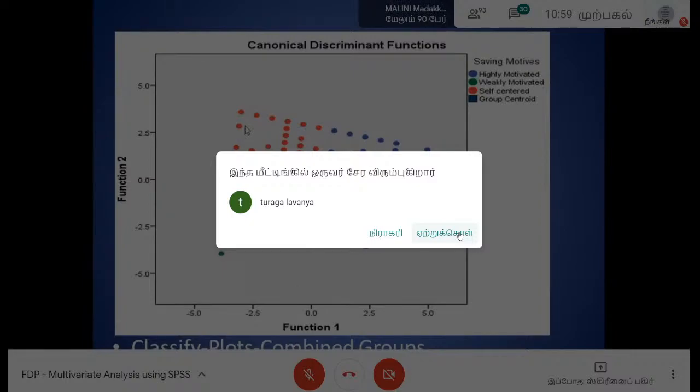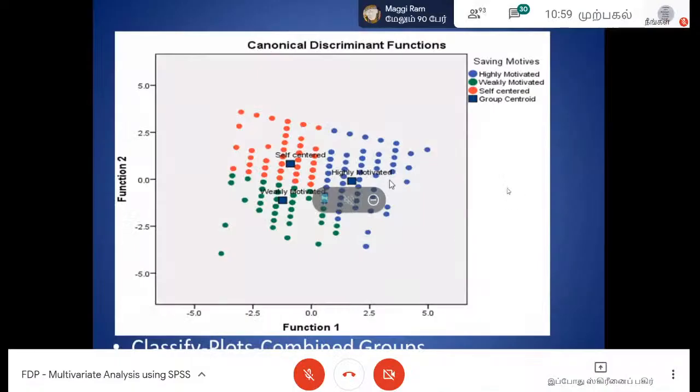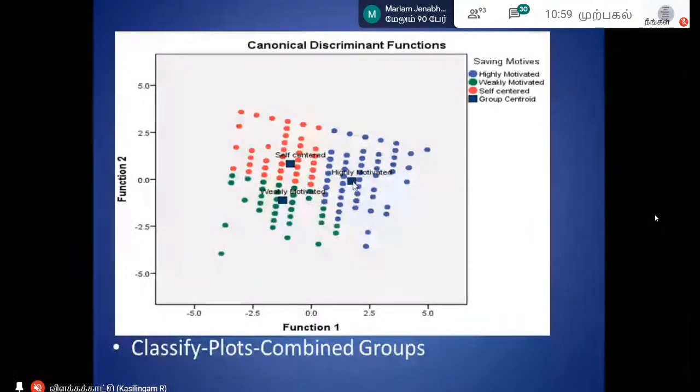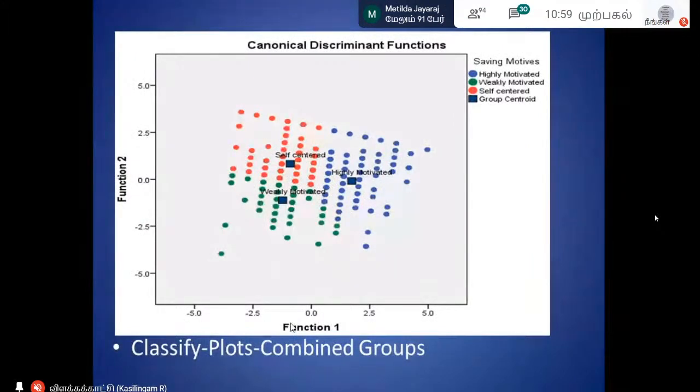This is the center point for weakly motivated. This is the center point for highly motivated. You draw a line from highly motivated to the x-axis, and weakly motivated and self-centered to the x-axis. Now, the distance between weakly motivated and self-centered is very, very small, which means there is not much difference.